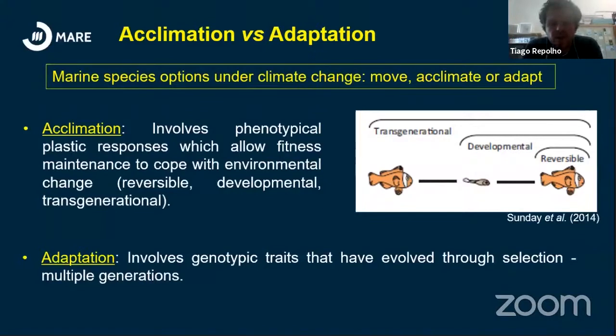Developmental acclimation occurs when exposure to a new environment early in life enhances performance later on. Transgenerational occurs when the environment experienced by the parents influences offspring performance.